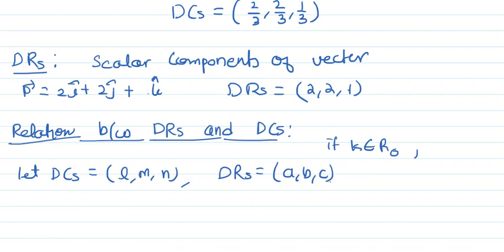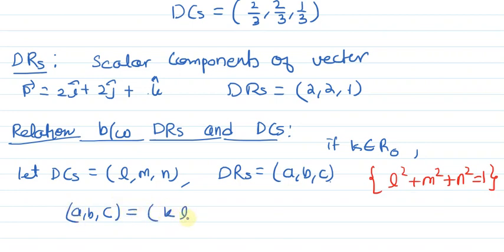So यहाँ पे एक और इम्पोर्टेंट बात ध्यान रखने की है कि L square plus M square plus N square is equal to 1. Then the relation is ABC triplet is equal to k times L, k times M and k times N. मतलब if you multiply the DCs with some constant, that constant will be multiplied with all the DCs.